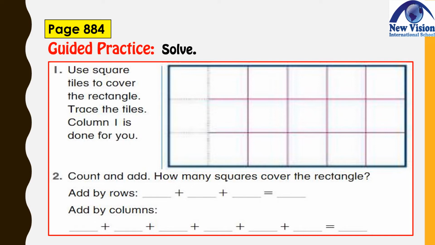Add by rows. So there are 3 rows. Each row has 6 squares. So we have 6 plus 6 plus 6 equals 18. Add by columns. There are 6 columns. So we have 3 plus 3 plus 3 plus 3 plus 3 plus 3 equals 18.